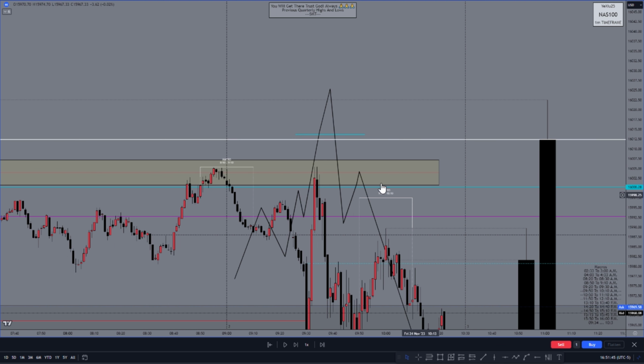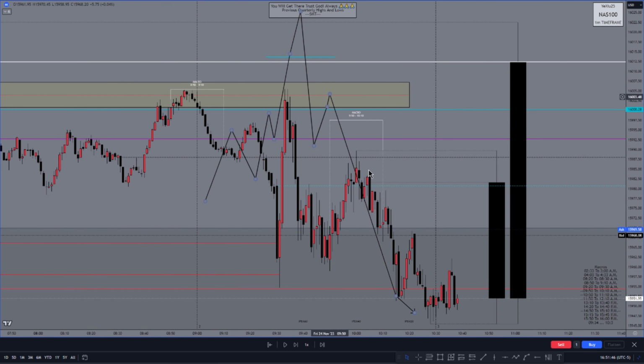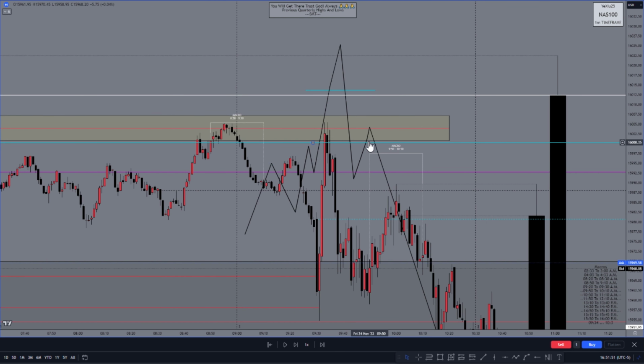You can sell here, and now you could hold that trade until there. You don't need to be afraid of another movement higher, because we open 9:30 in prime, really prime, above the midnight opening. That's the best scenario you can see.